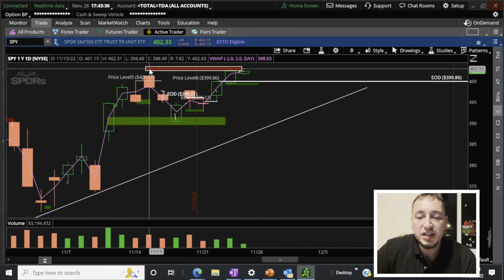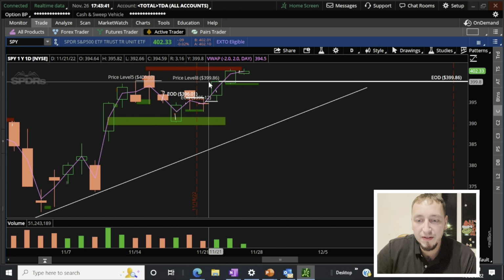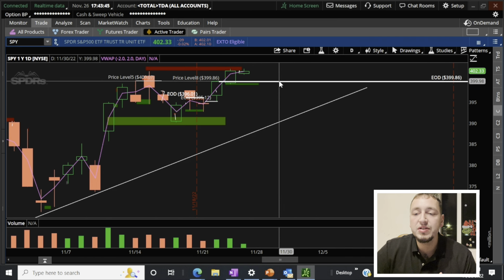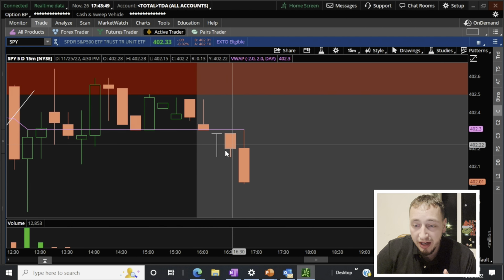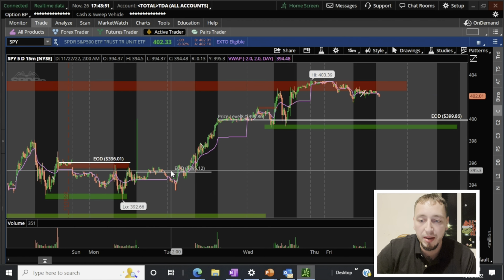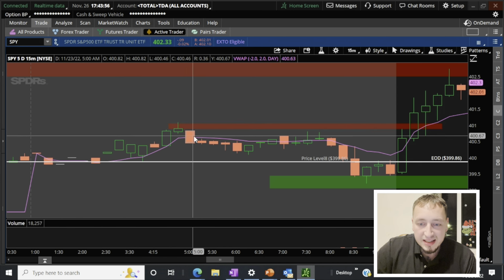With price being all the way up here at 402.60 and end of day being here at 399.80, I am looking to take them. If the market could hold end of day right around that 400 area, I will be looking to take the market all the way up to 402.60. This is exactly what the day looked like.